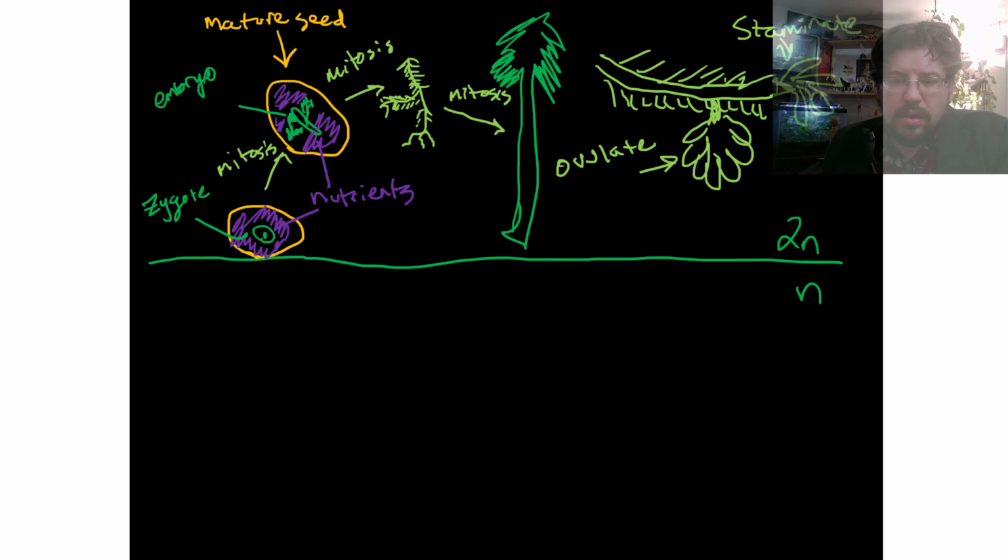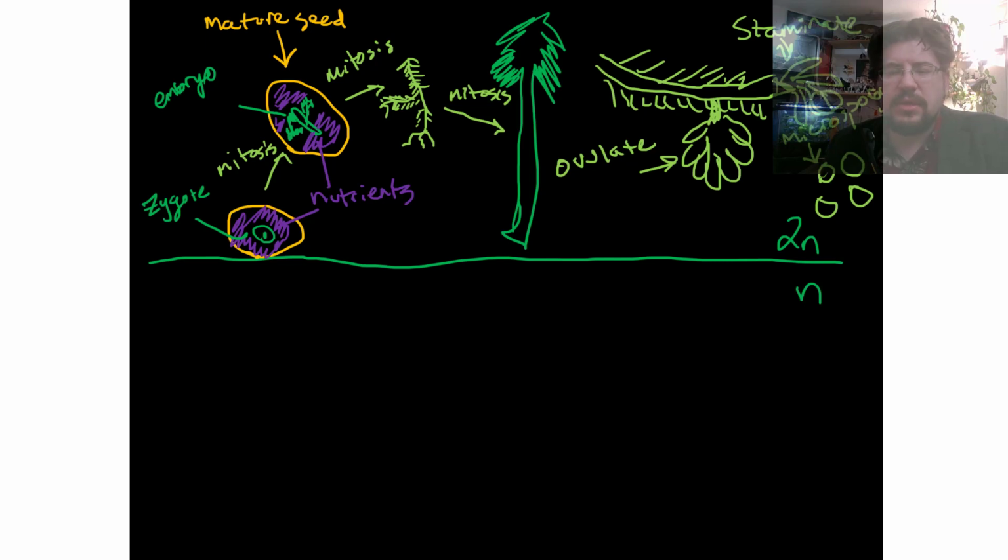So, inside our staminate cone, we have a bunch of little microsporocytes.